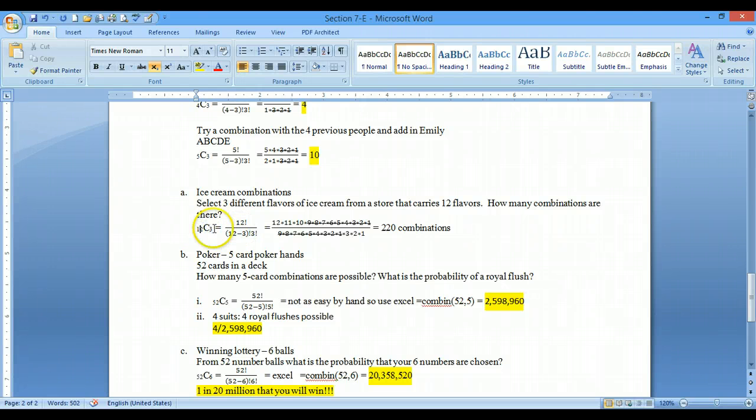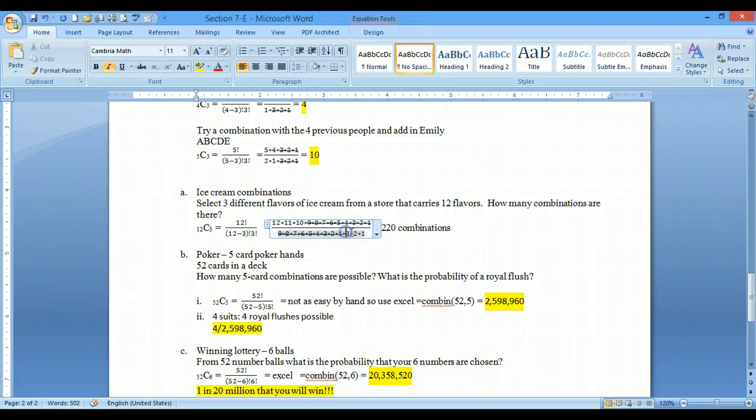12 flavors, choosing 3 of them gives me 12 factorial over 12 minus 3 factorial times 3 factorial. So 12 factorial is 12, 11, 10, 9, all the way down. 12 minus 3 is 9 factorial, 9 down to 1, divided by 3 factorial, 3, 2, 1, and I can show that these 9 factorials cancel.